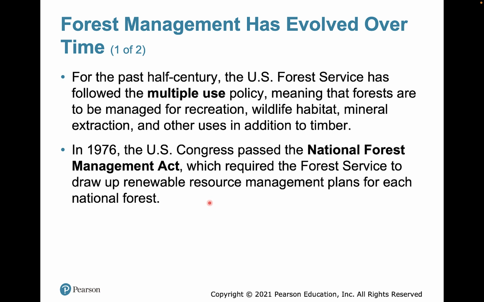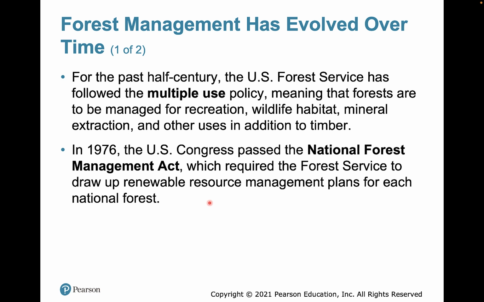Over the last 50 years or so, the U.S. Forest Service has followed a policy called the multiple use policy. Means that forests can be used for a bunch of things, okay? Recreation, habitat, mineral extraction, and other things besides just timber, okay?